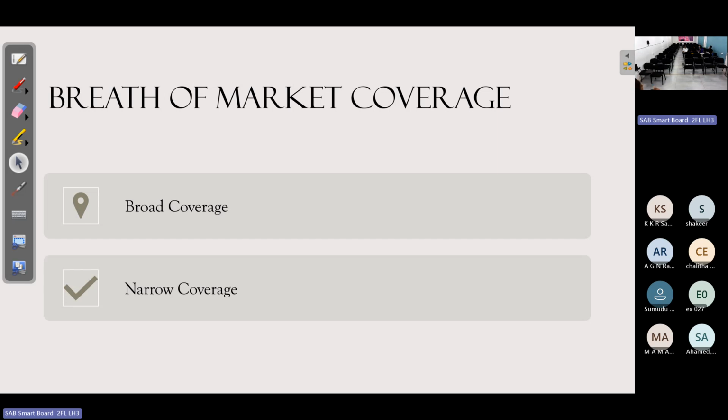So under the topic, you can first write down the first point, meaning how many market segments the company is going to cover.